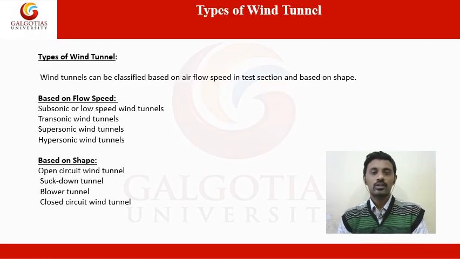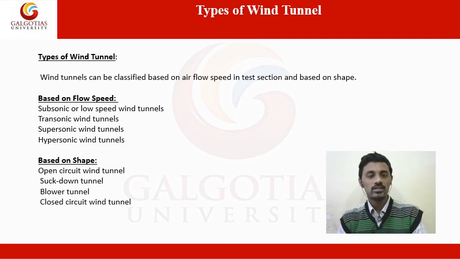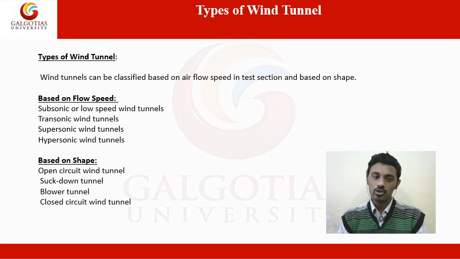Next, coming to the types of wind tunnel. Wind tunnels are classified based on airflow speed in the test section and based on shape. First, based on flow speed, we have subsonic or low speed wind tunnels, transonic wind tunnels, supersonic wind tunnels, and hypersonic wind tunnels. We also have four more based on shape: open circuit wind tunnel, suck-down tunnel, blower tunnel, and closed circuit wind tunnel.